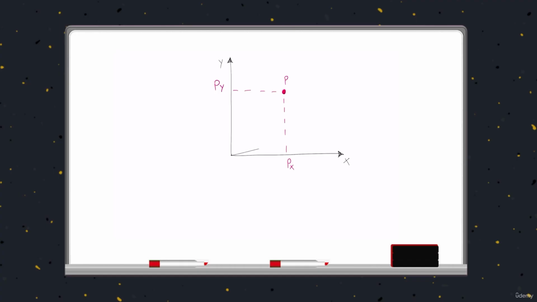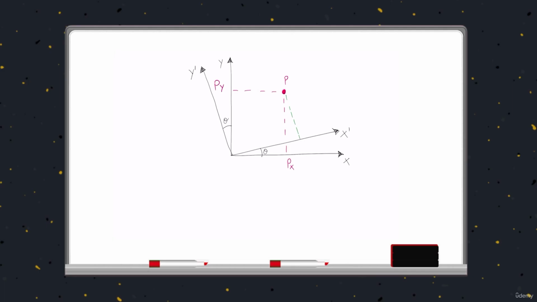Let's now draw a new reference frame that has the same origin as the first one, the one of the world, but this one is rotated. The displacement between these two reference frames is now expressed by the angle theta, and so the axis y' of the new reference frame is displaced by an angle theta from the y-axis of the world, and the same happens with the x' axis.